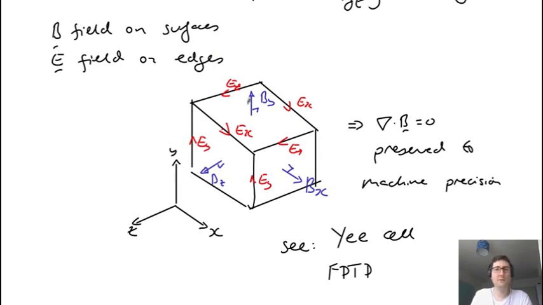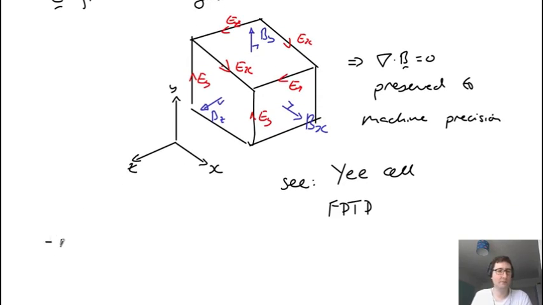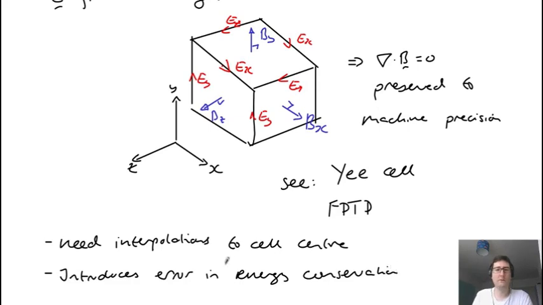One is that because the magnetic field is defined at different points, each component of the magnetic field and the electric field are defined at different locations, you need to do more interpolations. And this can then introduce an error in the energy conservation. So each of these methods has some advantages, some disadvantages. In each case, it's a matter of making the whole system work efficiently and accurately. But there are always some trade-offs in choosing the perfect method.